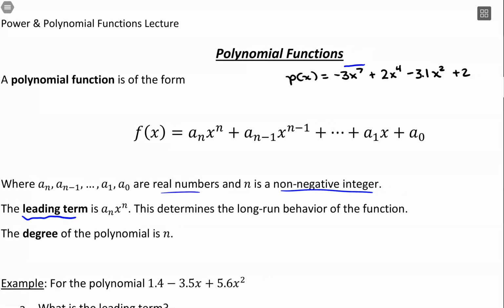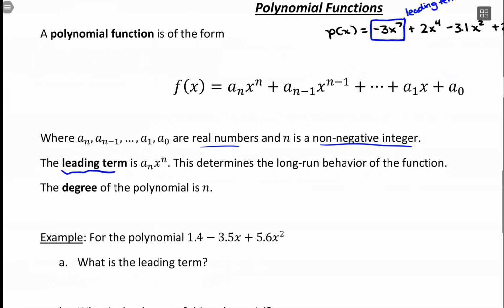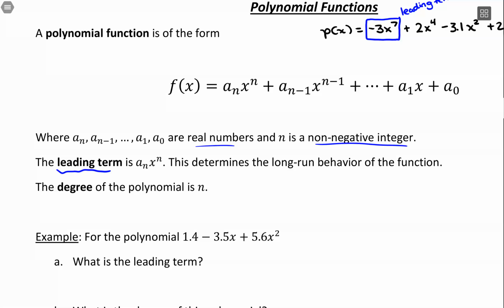So with my polynomial up above here, that negative 3x to the 7th, because it has the largest exponent, makes this the leading term. So the leading term has the highest degree or highest exponent. Now what we're going to see when we start graphing our polynomial functions is this leading term is going to determine the long-run behavior of our graph.